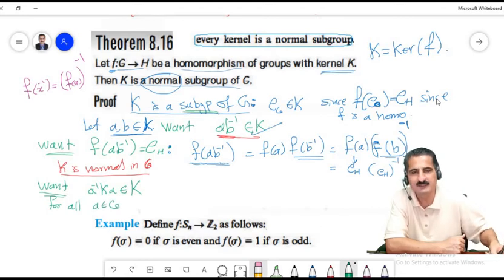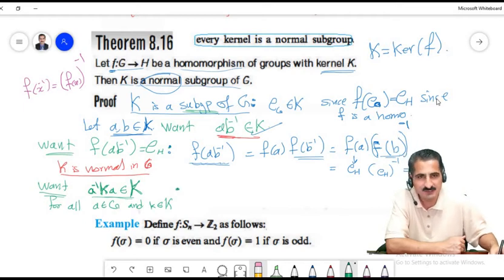Remember that K is a subgroup of G, and small k is an element of the subgroup itself. So remember, this is how we prove that a given subgroup is normal. This is one way: a inverse k a, where this is a small k, and this is a big K. So we want to show that. But what does that mean?